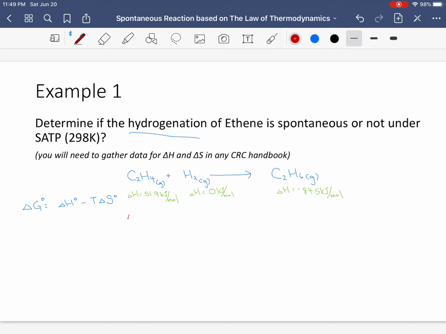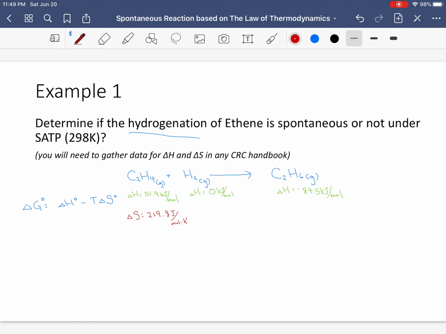All right, let me give you delta S as well. Delta S for ethene is 219.8 joules per mole Kelvin.